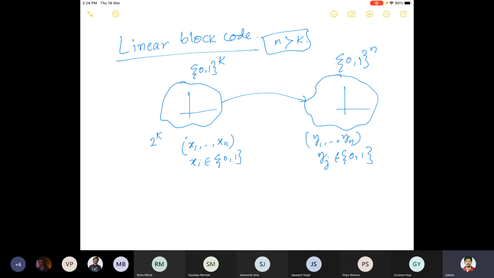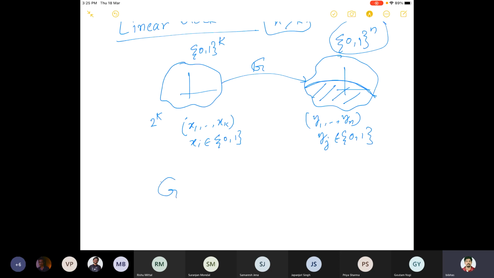And then we said a linear code is nothing but a subspace of this. A subspace means this is a vector space, so there must be a subset of 2 to the power k elements, which are strings of length n. And then we said this is realized by a matrix called the generator matrix. We denoted the generator matrix G as P and Ik. What was the dimension here?